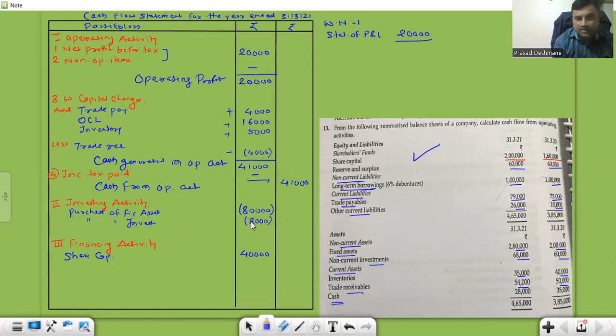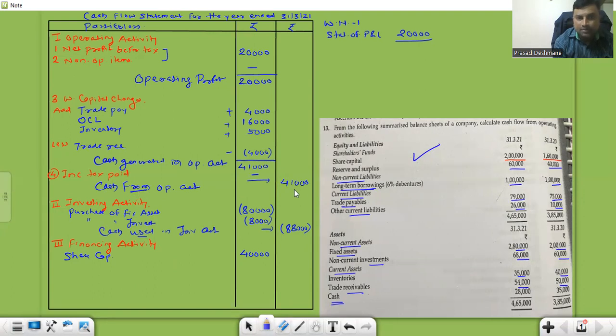Similarly, I'll close the investing. These are the two in the investing activity, 80 and 8, 88,000 negative. So I'll write here cash used in investing activity. See, in the operating I put the word from, and here I put the word used. Why like that?